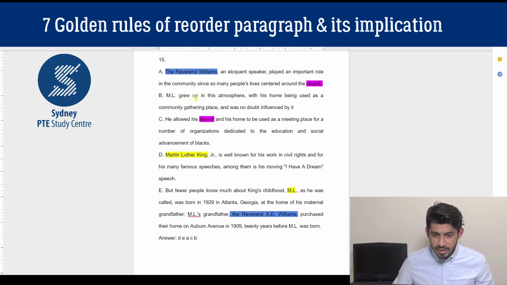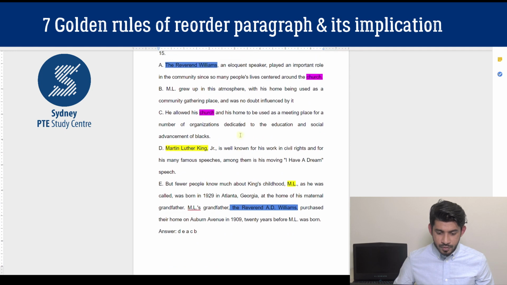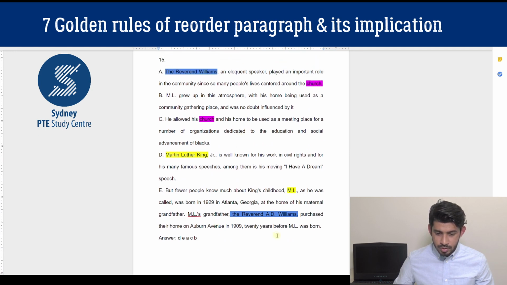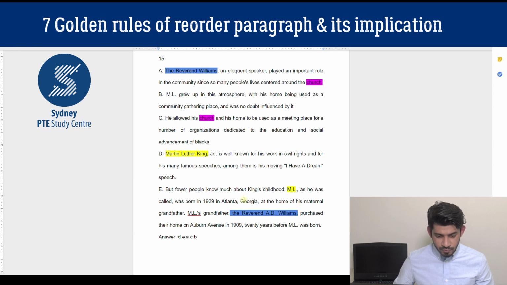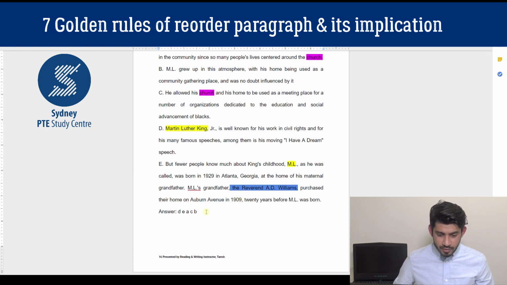And ML grew up in this atmosphere. So he grew up in the atmosphere of seeing people coming in and discussing human rights. That's how you give your answer, looking at those 1, 2, 3, 4, 5, 6 words from a very long text, a very long question. You can give your answer as D, E, A, C, B.